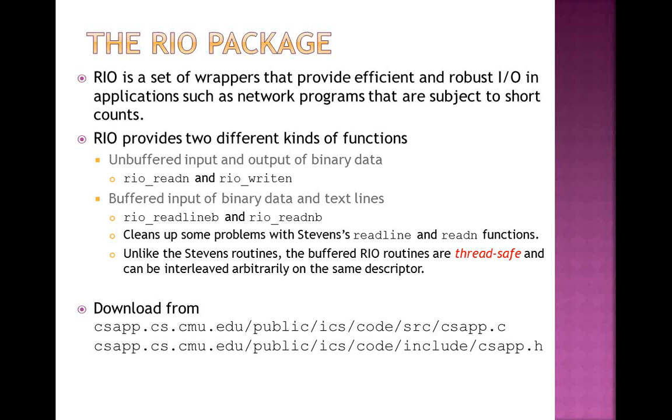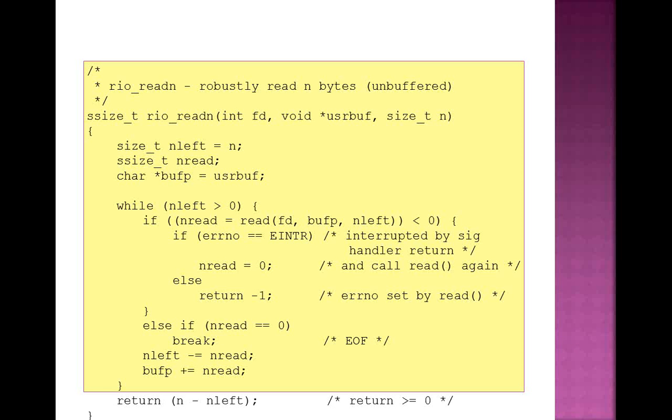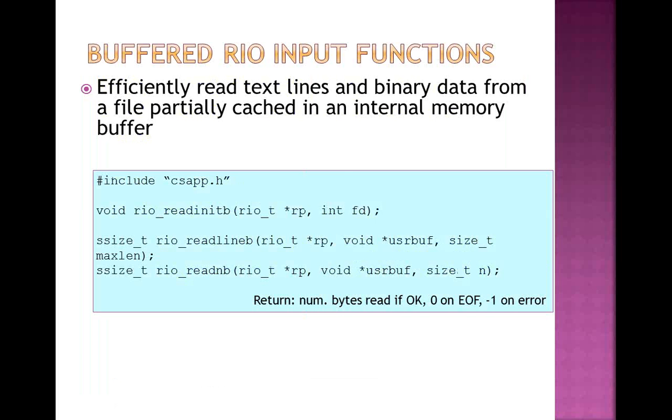Then we covered in detail the unbuffered RIO input and output used for reading and writing. Two functions are used, one for reading and one for writing. This is the example.